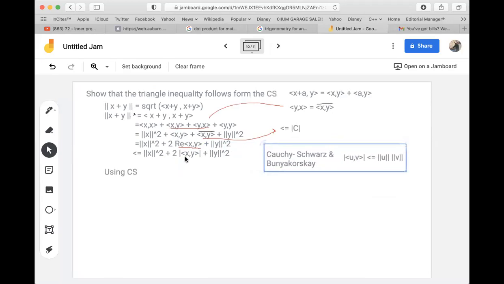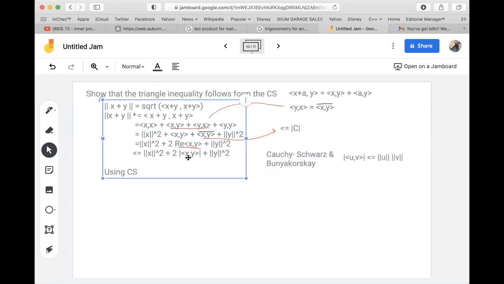So now we can do something with our middle part here, where by using the Cauchy-Schwarz, we can continue this part here, but we will modify it a bit, where we can change the modulus of the inner product here to norm x multiply with norm y.